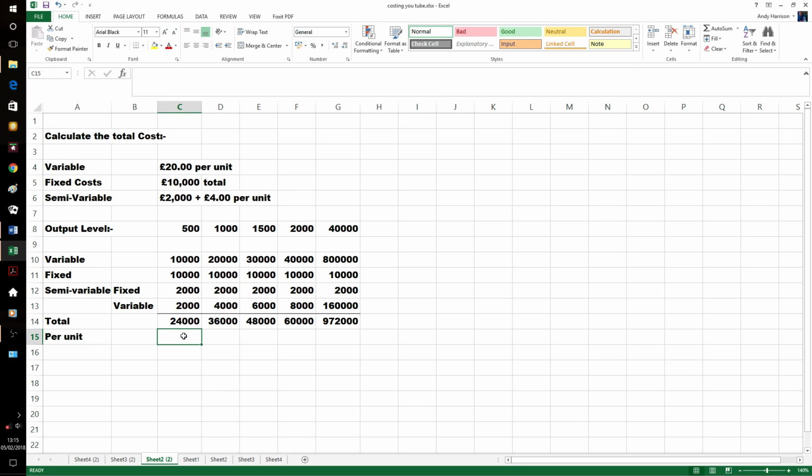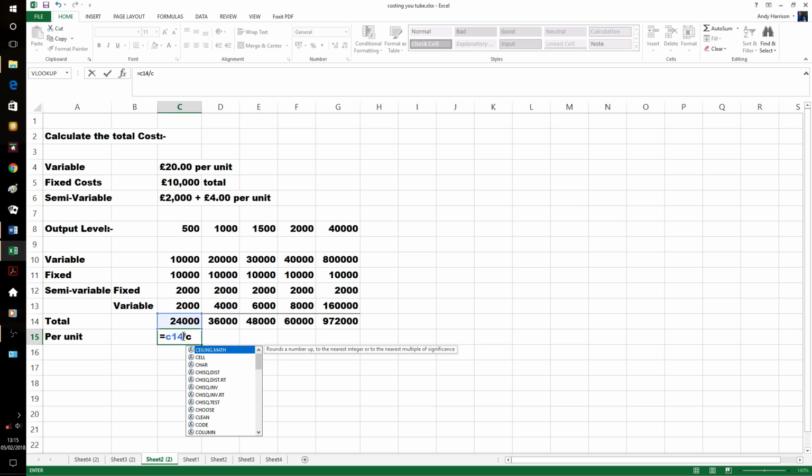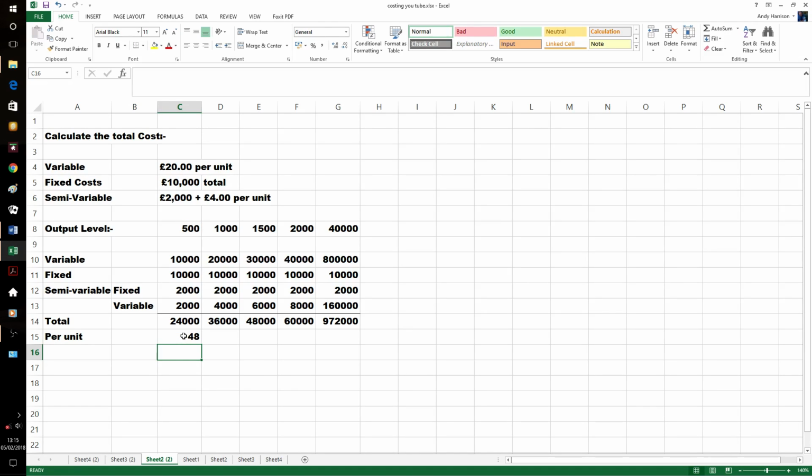If we did it per unit, then we take the cost, divide it by the output level. So it starts off at £48 per unit. What we're expecting to see is it going down per unit because of the fixed element.